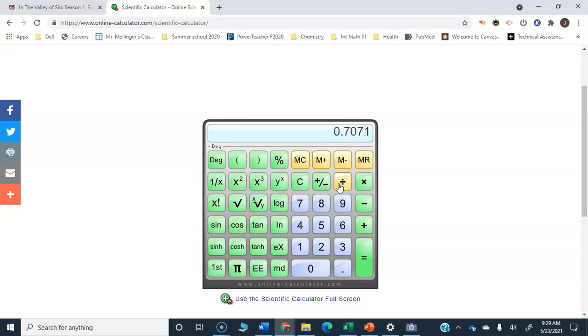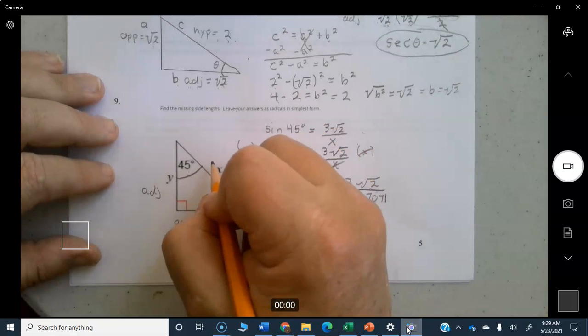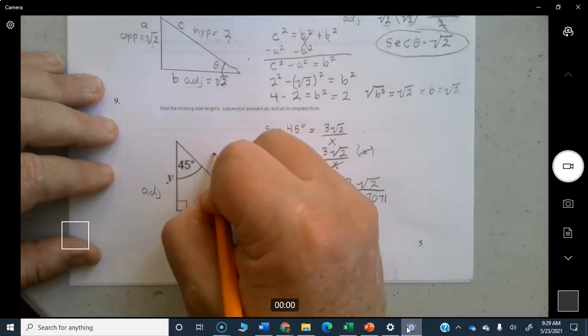And we hit equal, and we get 6, just about exactly 6, okay? So that means x equals 6. X equals 6, so that means this side is 6.